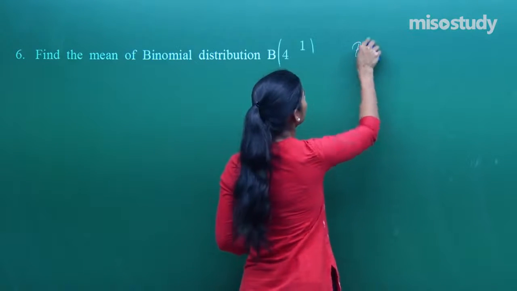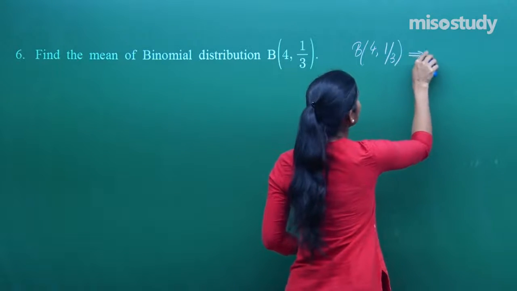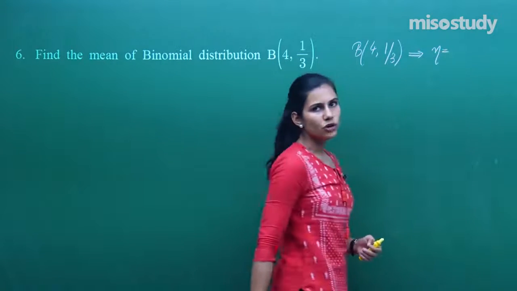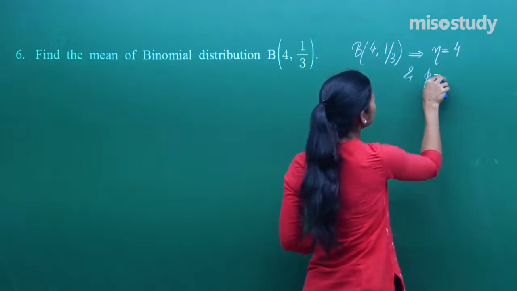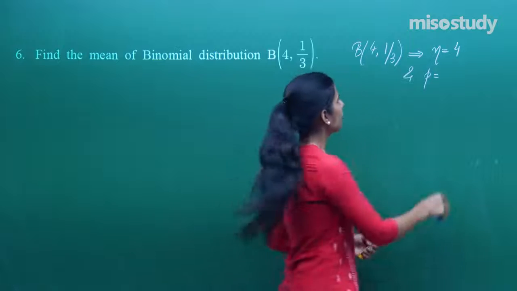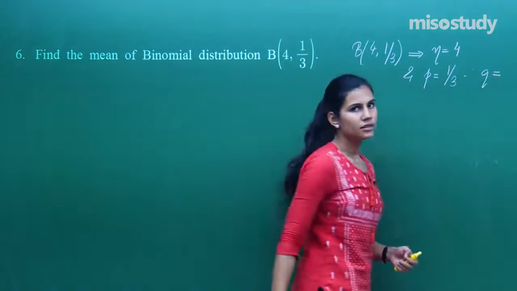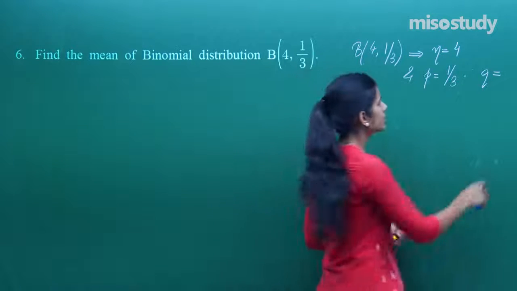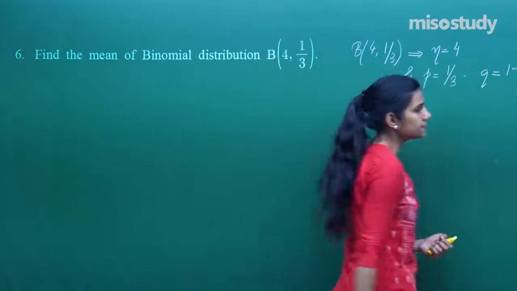Because when you have B(4, 1/3), this implies n, that is number of Bernoulli trials, is given to you as 4 and the probability of success in each trial is given to you as 1 by 3. Therefore, probability of failure, that is probability of not success, will be 1 minus 1 by 3, that is 2 by 3.